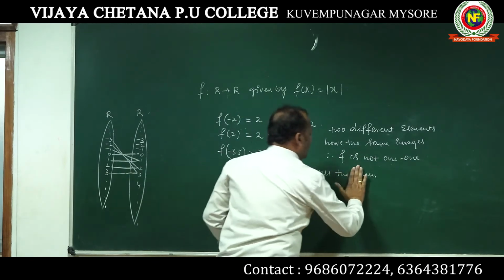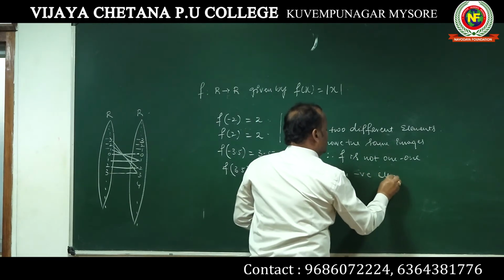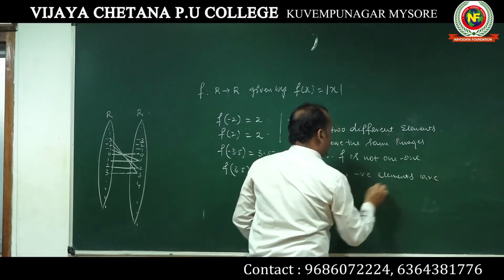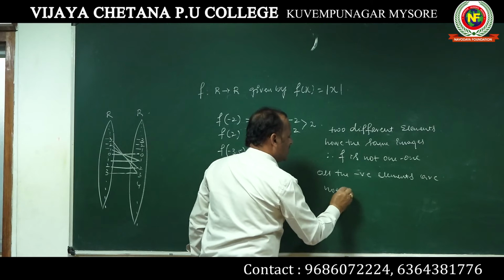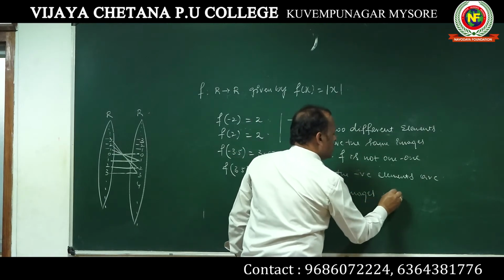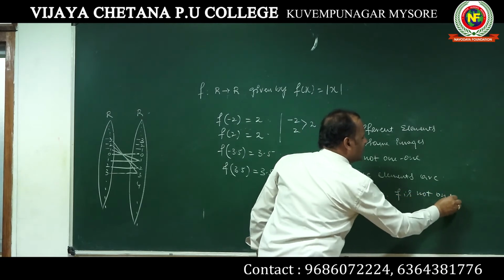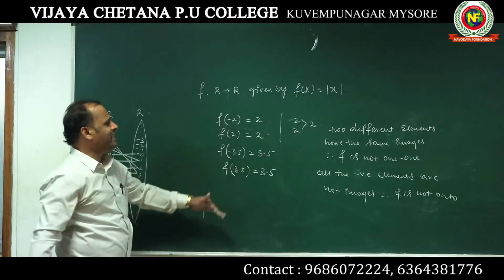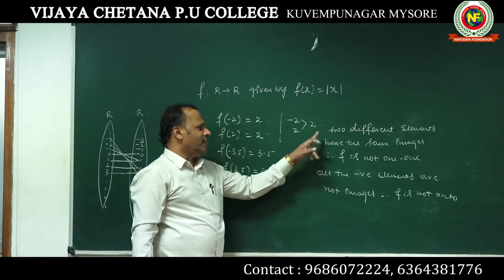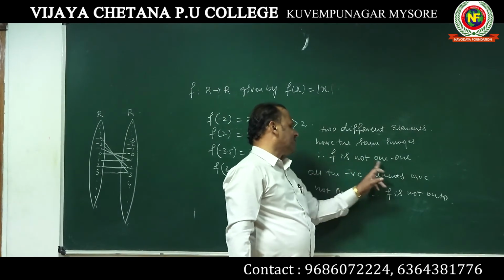All the negative elements are not images. Therefore, f is not onto. Better to write like this: the two different elements have the same image. Therefore, f is not one-one.